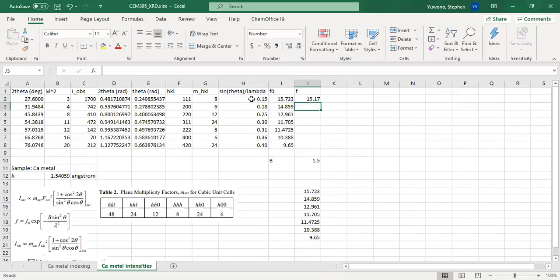All right, so that's going to give us the value of F at 1.5. And you can see it decreases the scattering factor compared to the F0 value. If I increase this to 20, just to go to the extreme, all of my scattering factors will be very low. So let's just go back to 1.5.